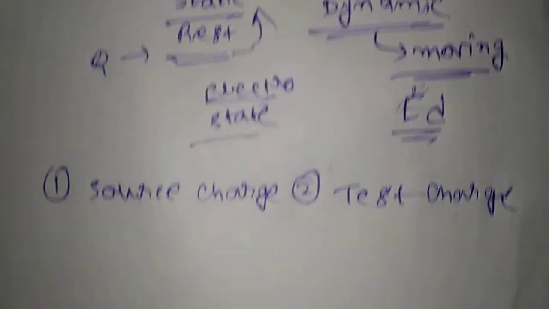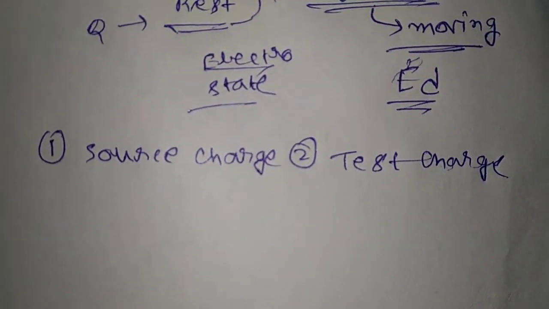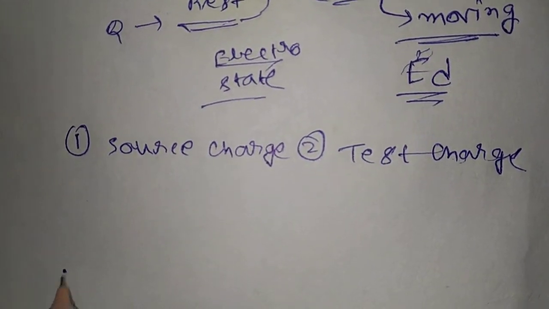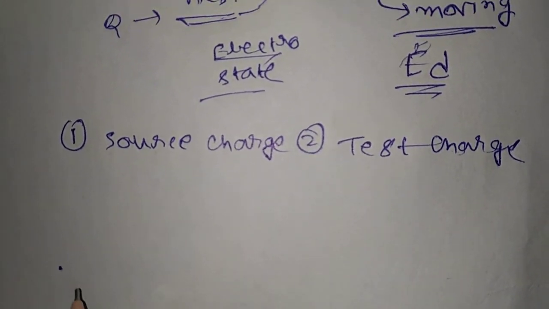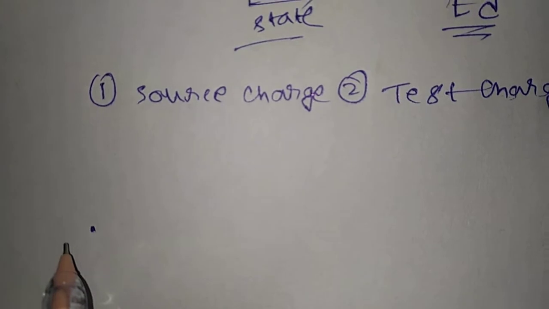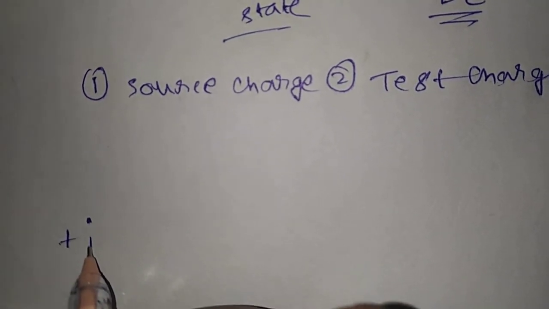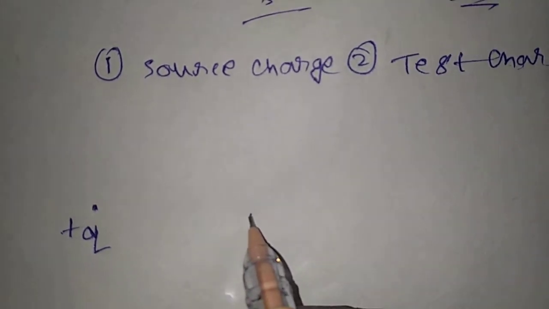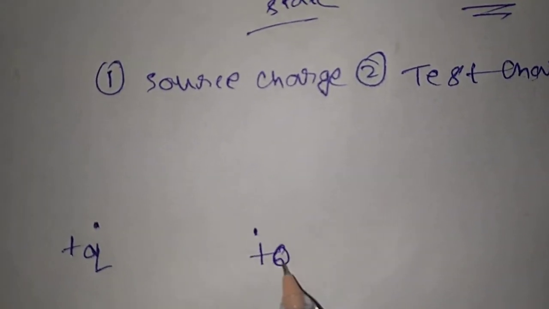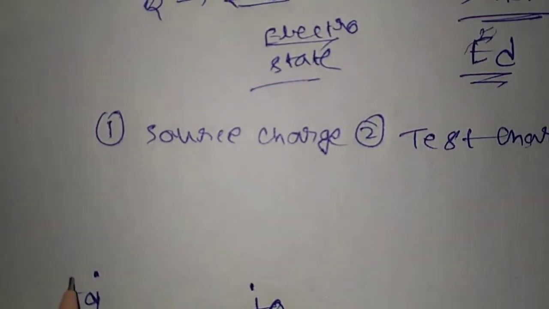Okay, so what is Coulomb's law? Suppose I am now coming to the definition of source charge and test charge. Suppose there is a charge, small plus q, and here is another charge, plus capital Q, at a distance.